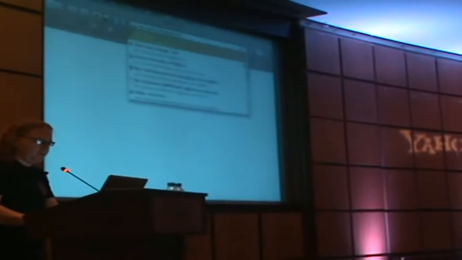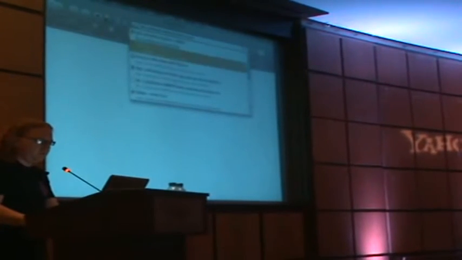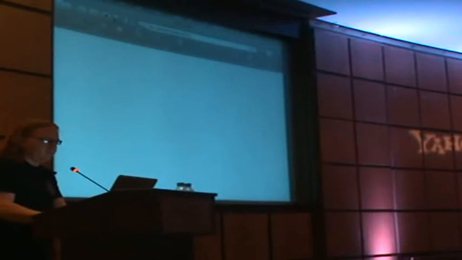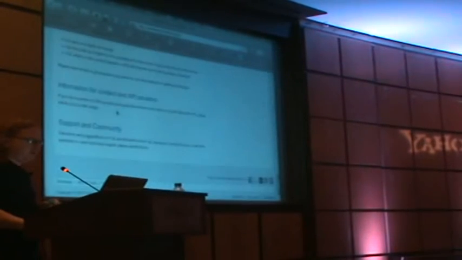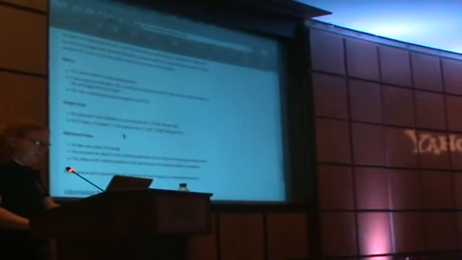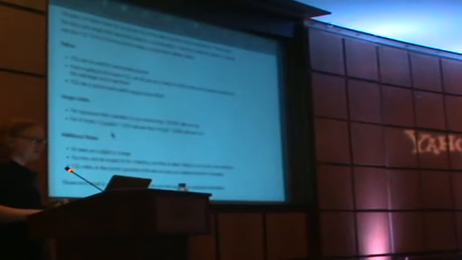So YQL, that's the GitHub one, that's not good. You actually get all the information about YQL itself, and down here you have the usage limits per application. So this through OAuth would be 100,000 a day.